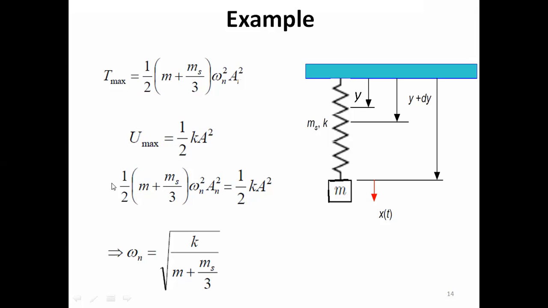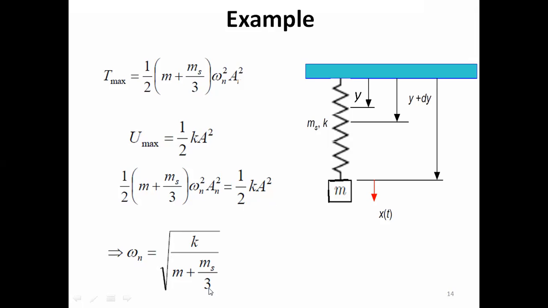Bringing this term to the other side, omega n square is equal to k by m plus ms by 3. Taking the square root on both sides, omega n is equal to under the root k by m plus ms by 3.